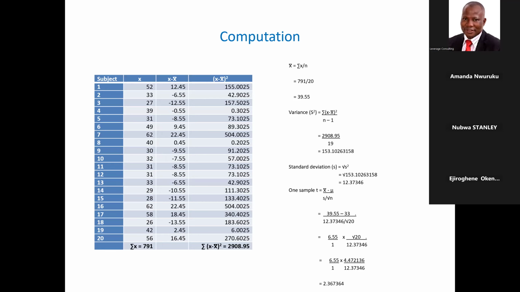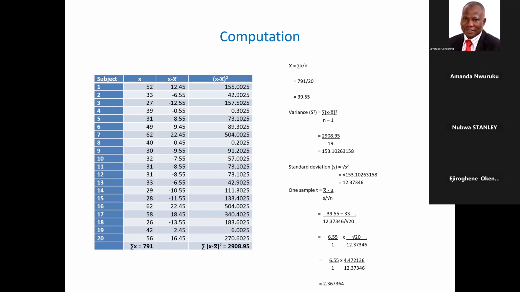That is sigma X, the addition of X. Sigma X is 791. To calculate the average, which is bar X, it is sigma X all over n. The n is 20, so 791 over 20 gives you 39.55. That is the mean for your group.